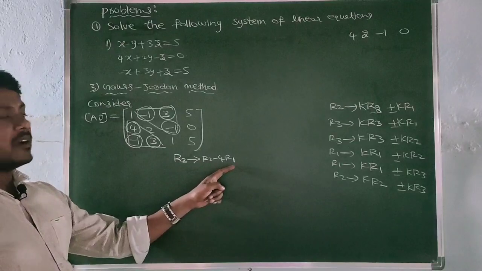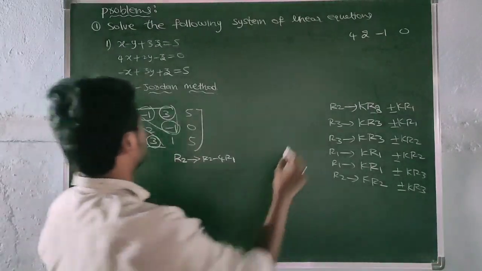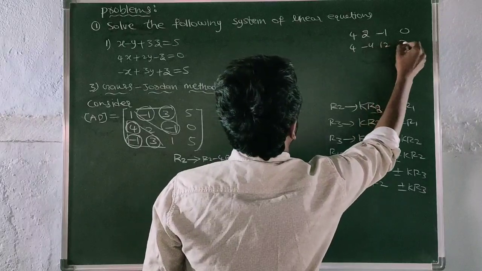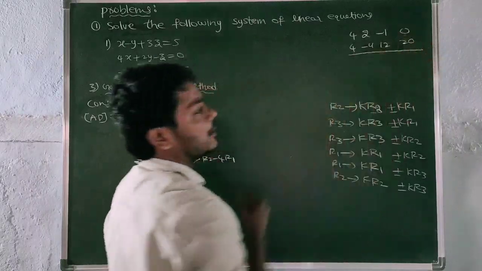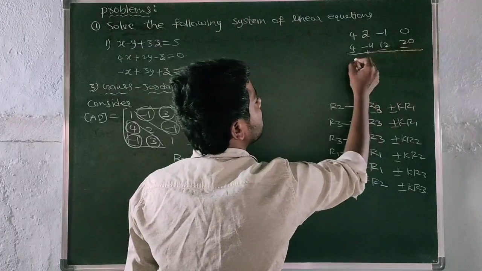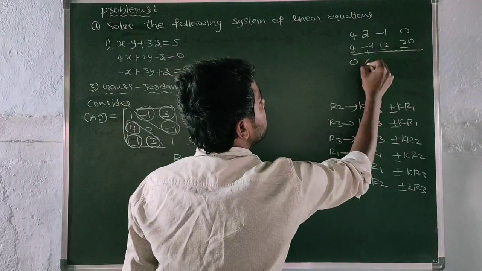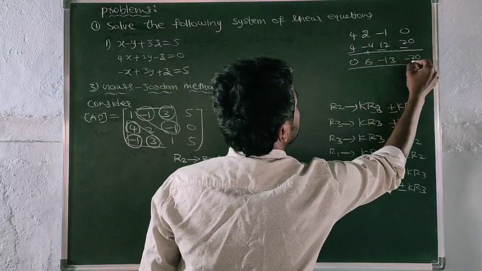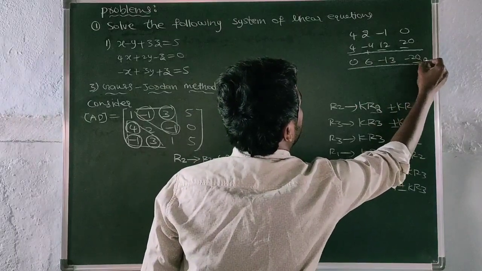And 4 times R1, multiplying 4 with the first row: 4, minus 4, 12, 20. And subtracting this, minus here plus minus minus: 0, 6, minus 13, minus 20. So this is the R2 row.